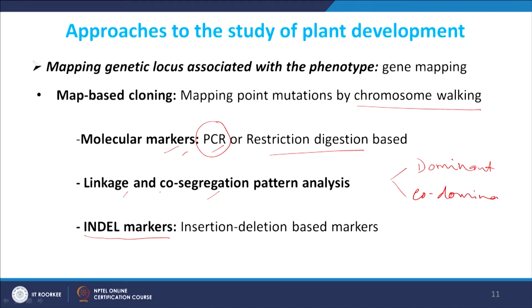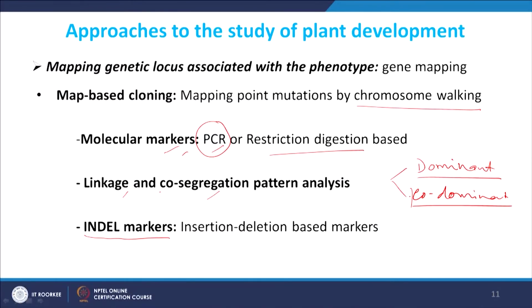In the case of a dominant marker, the marker will give a band in one particular genetic background and it will not give a band in another genetic background, for example if you are using PCR based markers. But in a codominant marker, in both genetic backgrounds, it will give a band, but the size of the bands will be different.